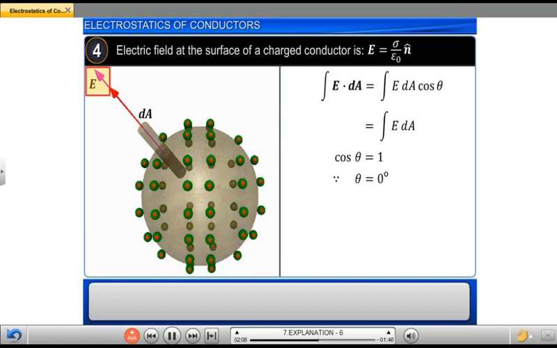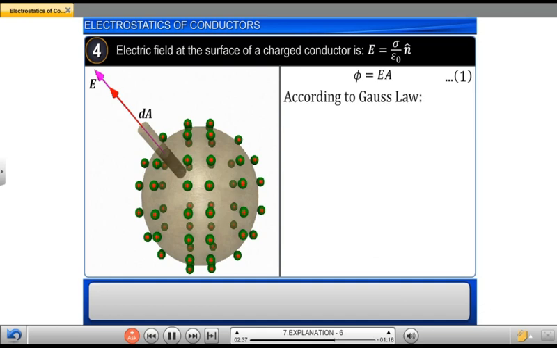Since E is constant through the flat face of the small Gaussian surface chosen, we have phi equal to E into integral dA, or phi equal to EA, since integral dA will be equal to A. Here, A is the area of the flat face of the cylinder. Let this be equation 1.